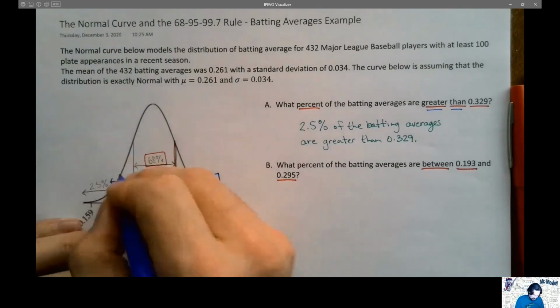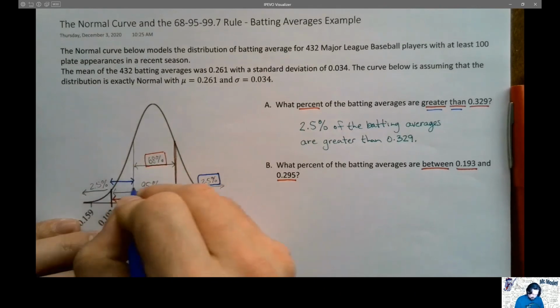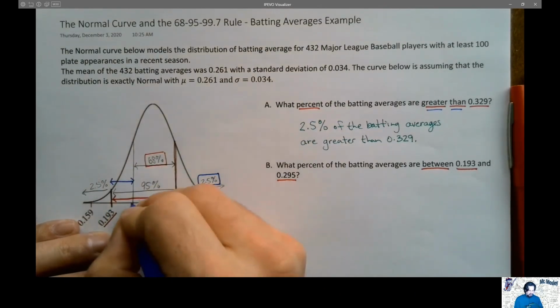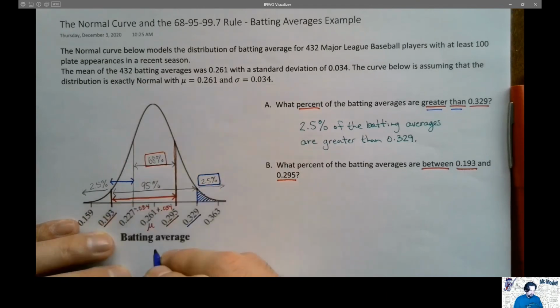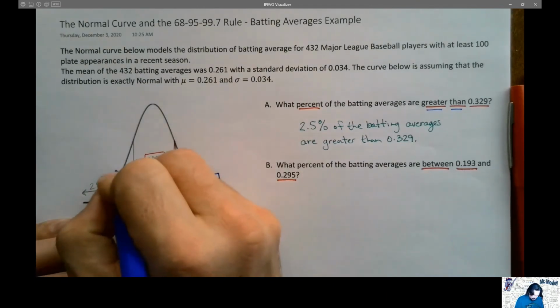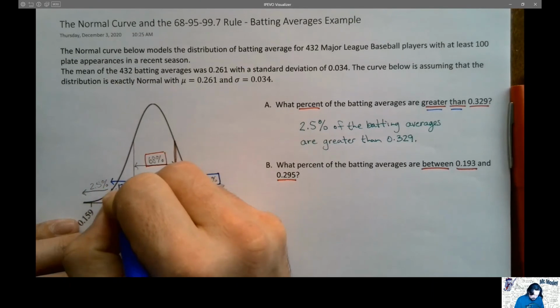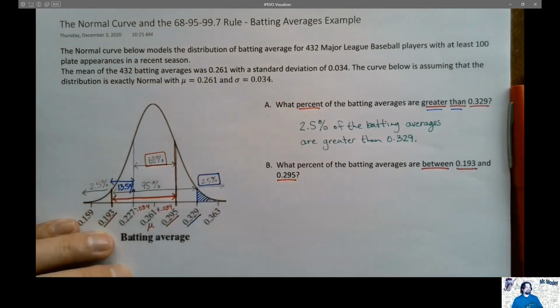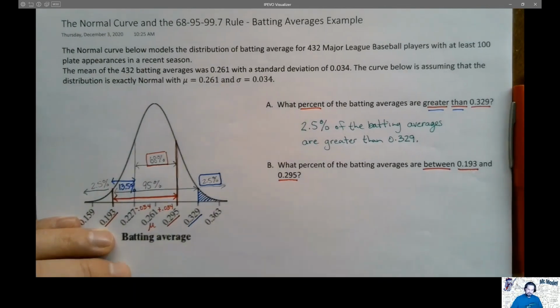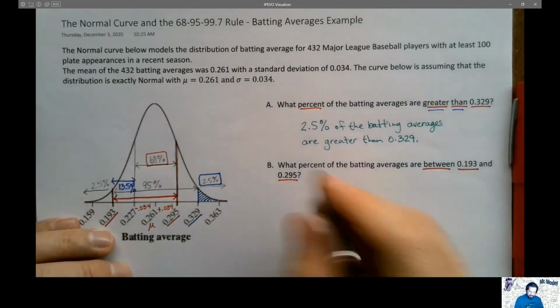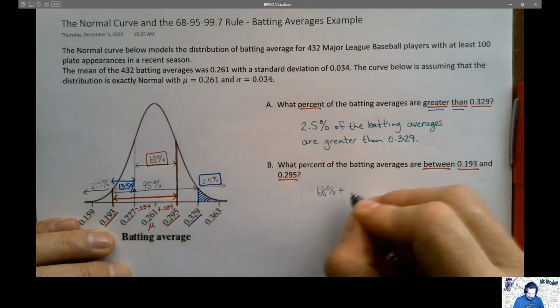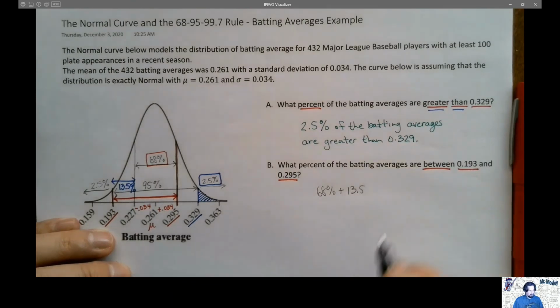Meaning that this proportion between 0.193 and 0.227, or between -1 and -2 standard deviations, represents 13.5% of my data. Sweet. That means that the percent has to be 68% plus 13.5%.